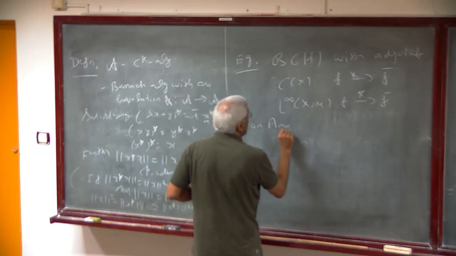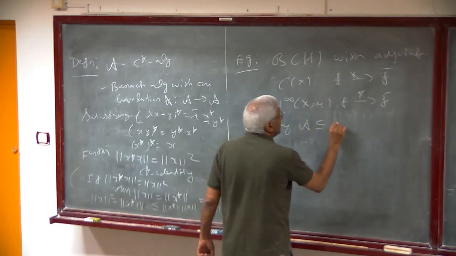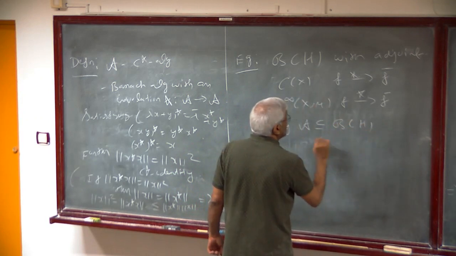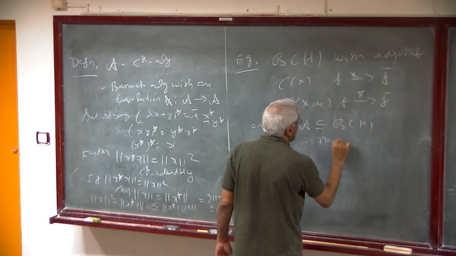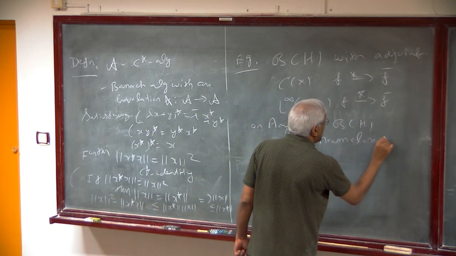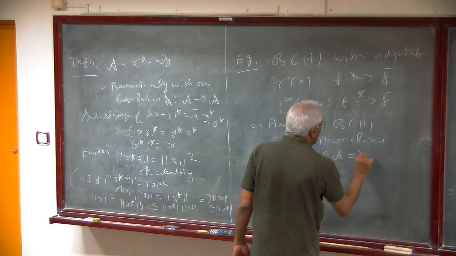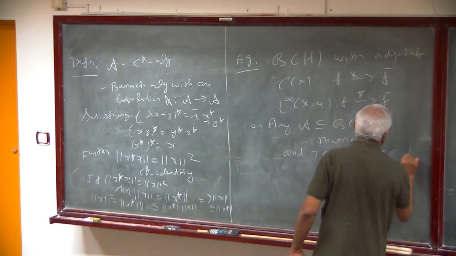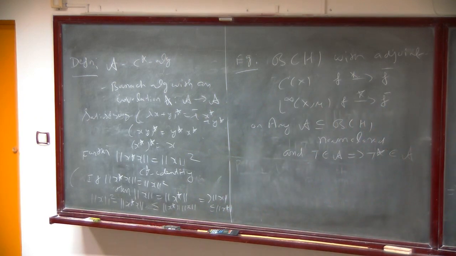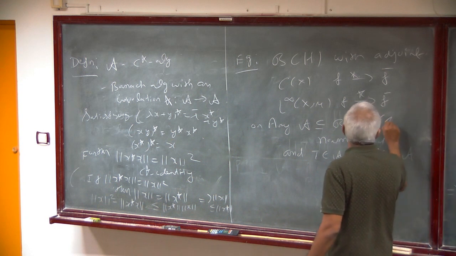Or we will work with any A contained in B of H which is norm closed and satisfies T in A implies T star is in A. It's closed under the star operation, which is called a star algebra, or star subalgebra.